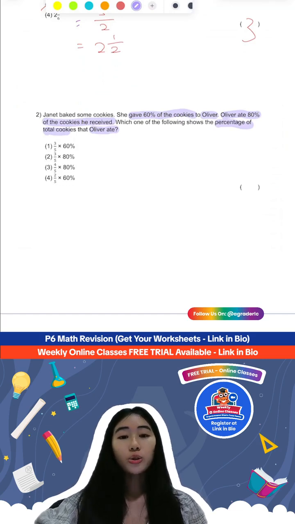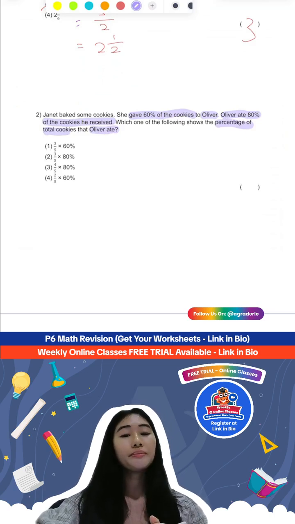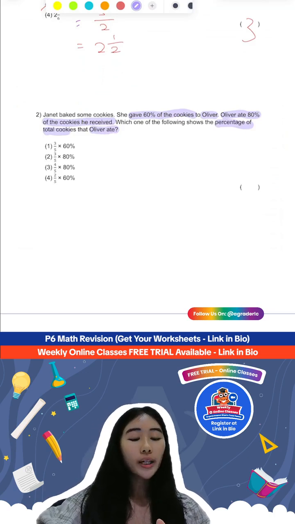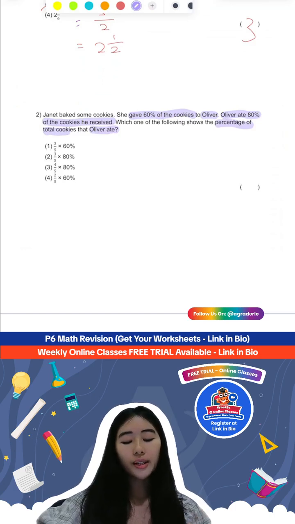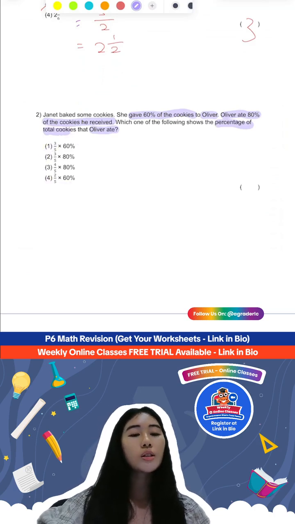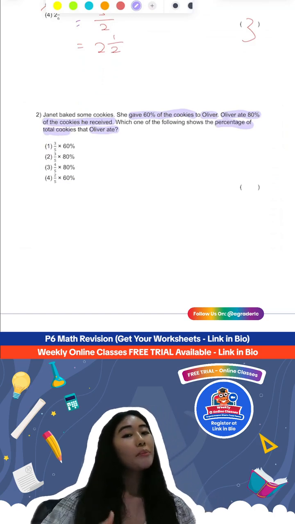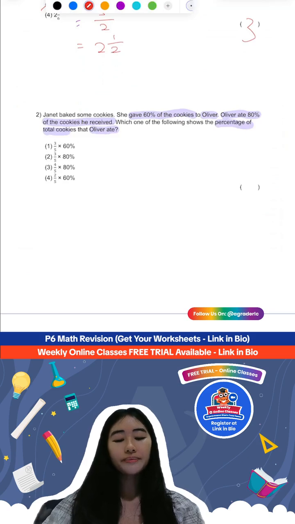This one you actually don't need to calculate the exact percentage, right? You just need to choose the correct combination. Just pick the correct combination in the four options. So attempt it and then let me know what your answer should be.